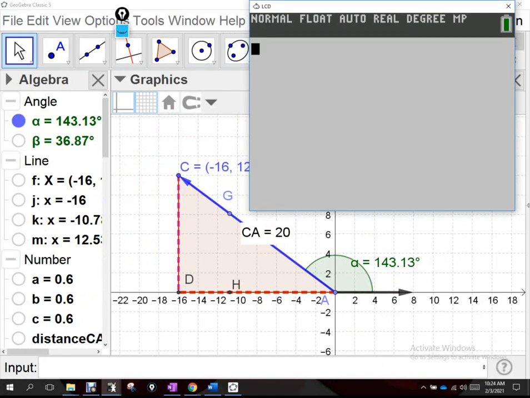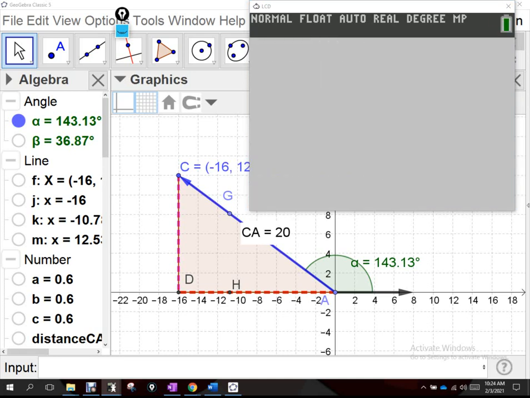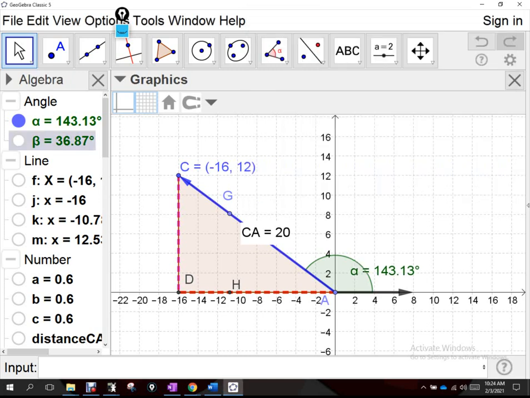So we've made sure that is highlighted. If you don't highlight that, you're not going to see the correct relationships here. And we're using that because my alpha and my beta are both in degrees.